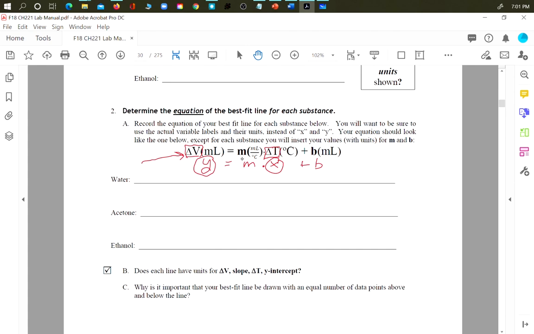That's what the numerical value of the slope that you calculated and the y-intercept that you calculated are going to tell us. So in bold, that's where the values go. Delta T and V are the two things that we were making measurements of. I need to save myself some room down here.